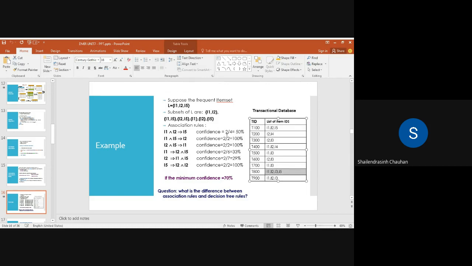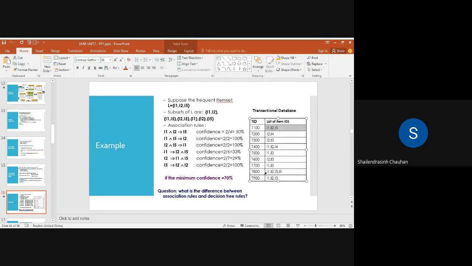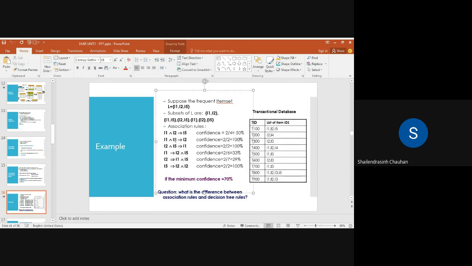So out of 2, that is 100%. That means whenever you are having I1, I5 in any transaction, you will definitely have I2 also in that transaction. You are 100% confident that along with I1, I5, the customer will also purchase I2. That is the meaning of this. This is how you can find out this confidence.